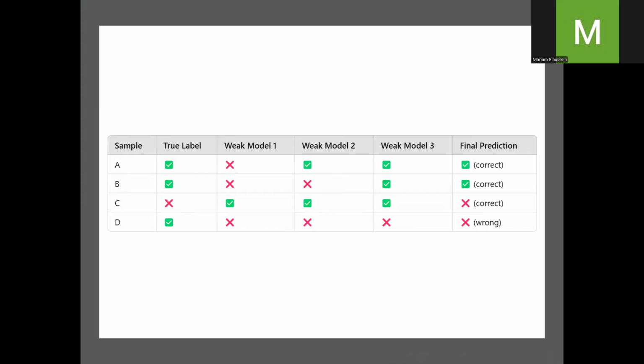Weak model number two got A correct, but wrong in the rest. Weak model number three got A and B correct, but C and D false. And then the final prediction got A, B, C correct, and D is wrong. So this is how those work.